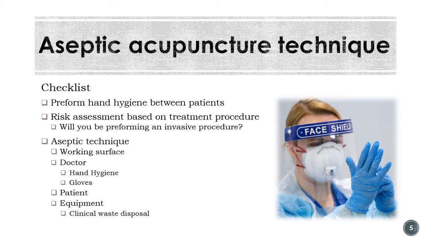If you're performing an invasive procedure, then we would move on to aseptic techniques, which will involve sterilizing our working surface and making a sterile work environment, then sterilizing the doctor, doing hand hygiene again, and possibly wearing gloves, then sterilizing the patient, making sure our equipment is sterile, and then finally getting rid of the equipment that is no longer sterile so that it has no risk of infecting others.